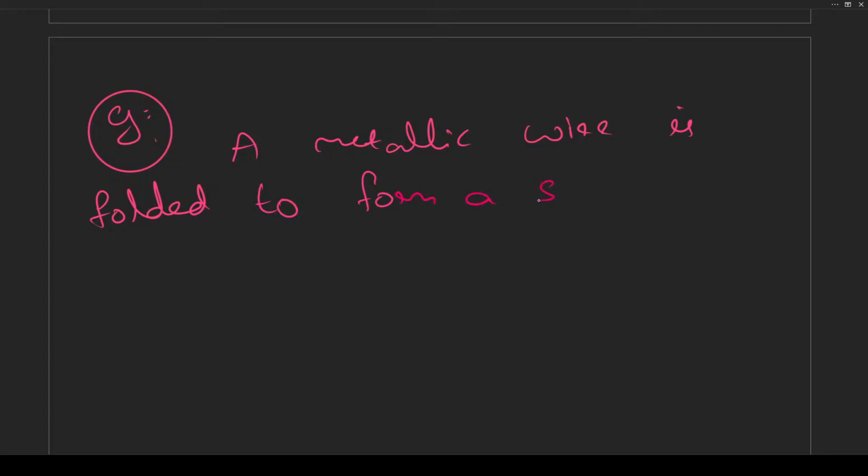Now let's go to the next question. A metallic wire is folded to form a square loop of side a.